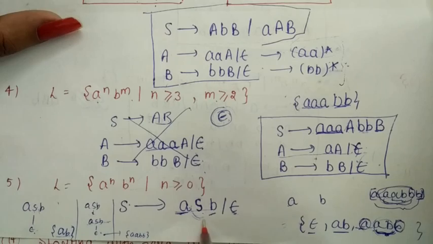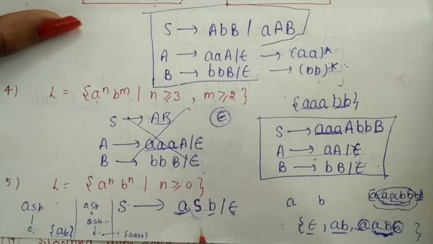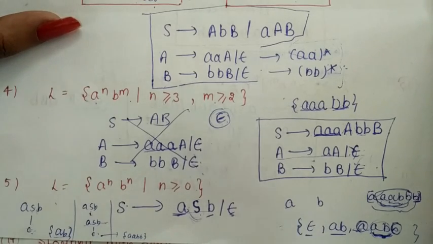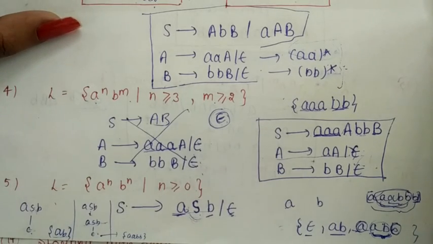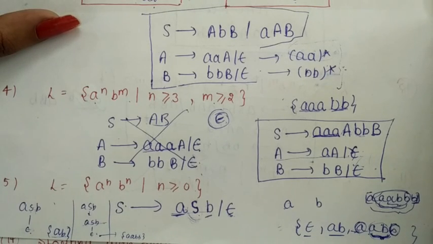So whenever you replace this by itself, ASB, it will generate A and also B, and then again A and also B. So it will always generate equal numbers. Whenever it generates A, it also generates B. So the A and B will be equal.